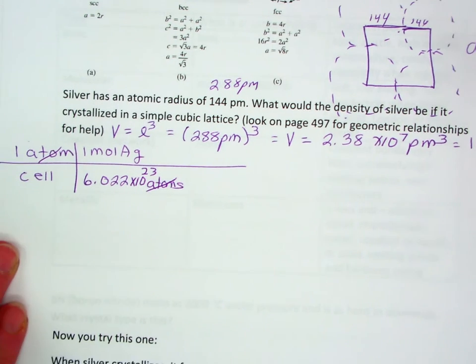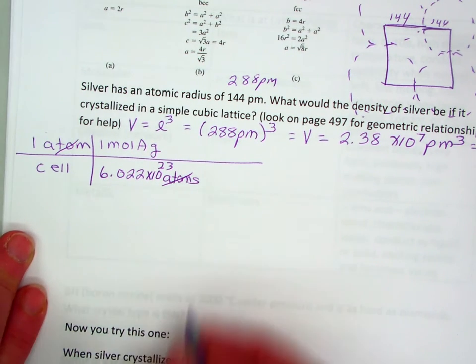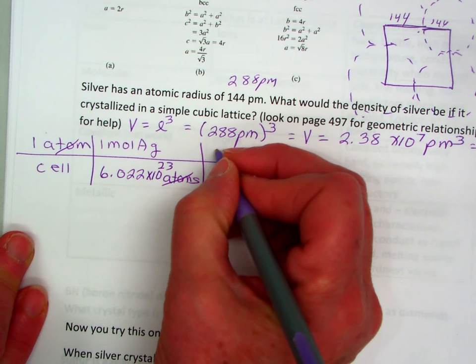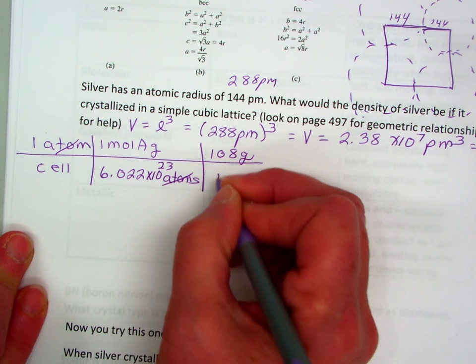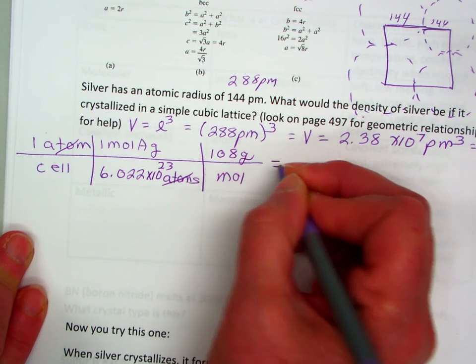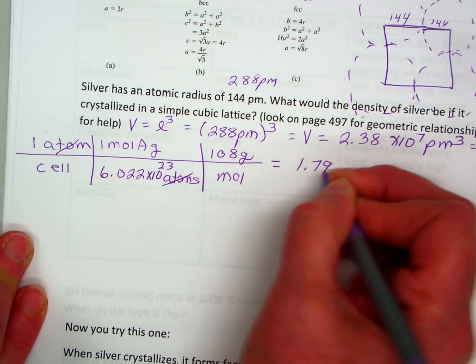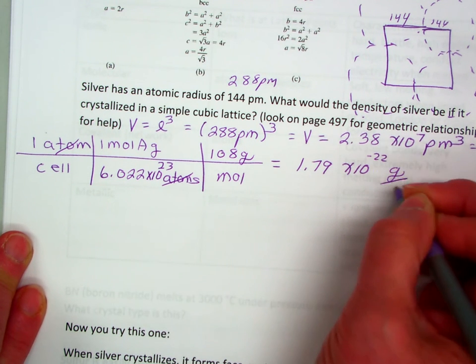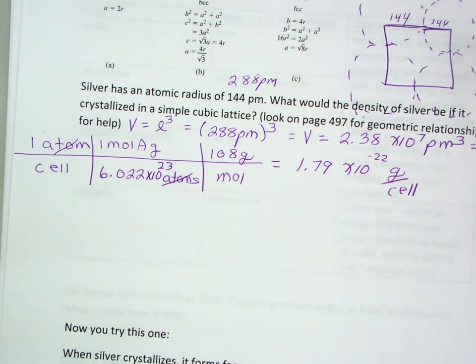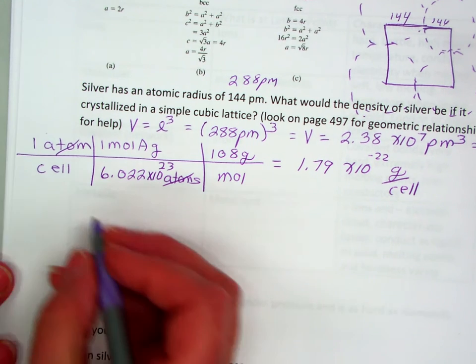And how can I change that into mass? Molar mass. And the molar mass of silver is 108 grams per mole. So I get 1.79 times 10 to the negative 22nd grams per cell. So now I know the mass of a cell and I know the volume of a cell. Now I can find the density.